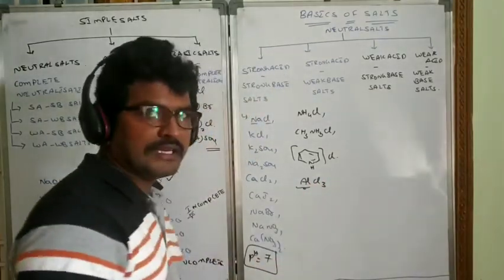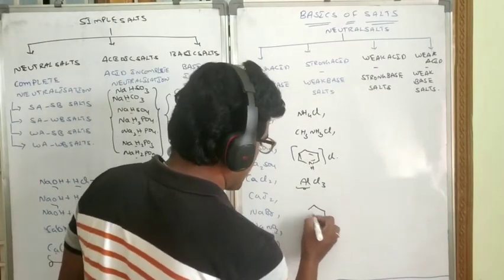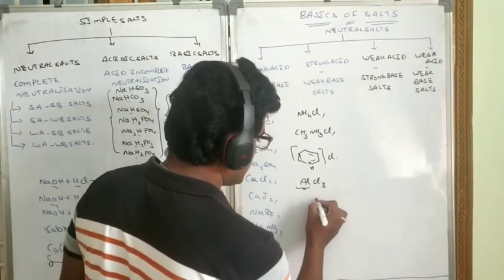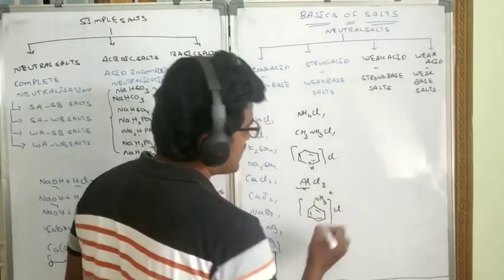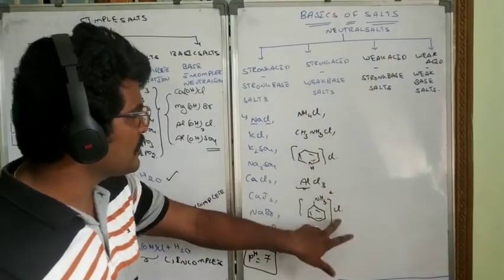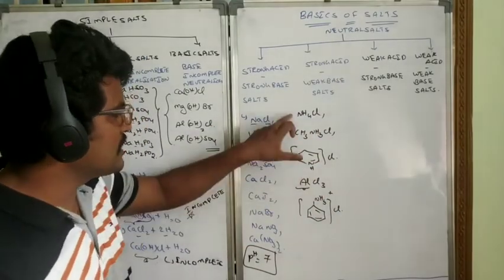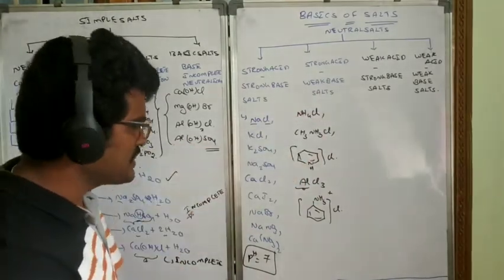AlCl3, aluminum hydroxide is a weak base, and then anilinium chloride, which is C6H5NH3+ Cl-. If you see the anions, they are coming from the strong acid and the cations are coming from the weak base, and hence we can write this.